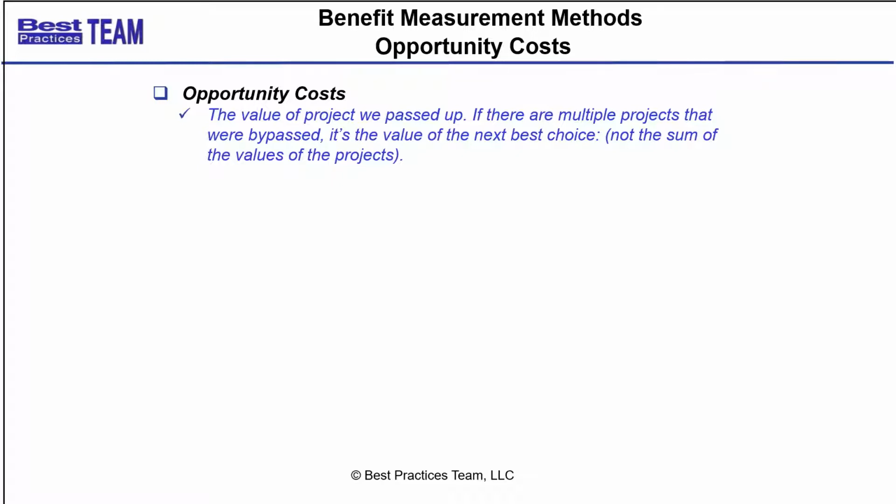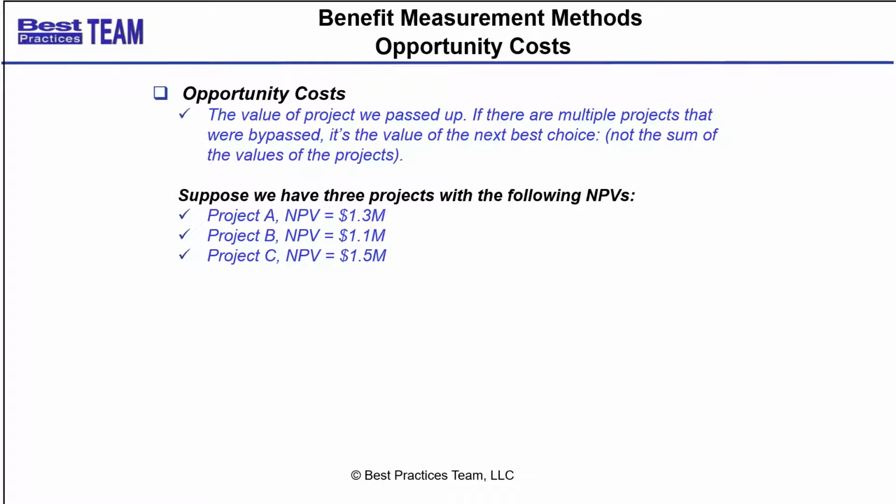So suppose we've got these three projects here. Project A, its net present value is 1.3 million. B, the net present value is 1.1 million. And C has a net present value of 1.5 million. So just based on that, which project, you can only pick one of these. So which project would you pick? And of course, we're going to pick C. It has the highest net present value.